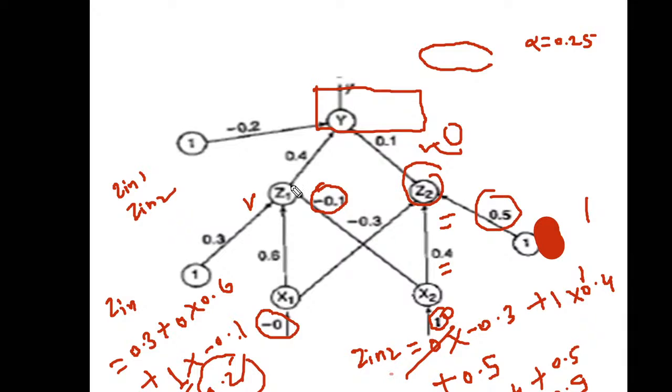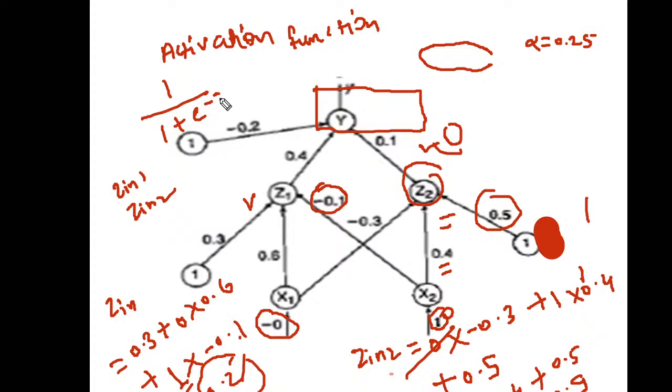Now once you have the total net input z in 1 and z in 2, it's our duty to calculate the net output of Z1 and the net output of Z2. So how are we going to calculate this? Here comes the activation function. The activation function is given. We are going to use this particular function, 1 upon 1 plus e raised to minus x.